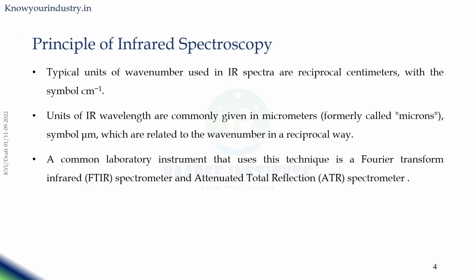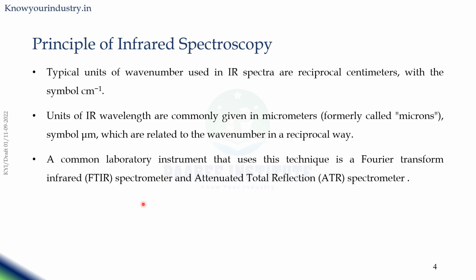In infrared spectroscopy, we have seen two different units. One is wave number and another one is wavelength. The typical unit of wave number used in IR spectra is the reciprocal of centimeter, that is, centimeter inverse. And in case of wavelength, it is denoted in micrometers.